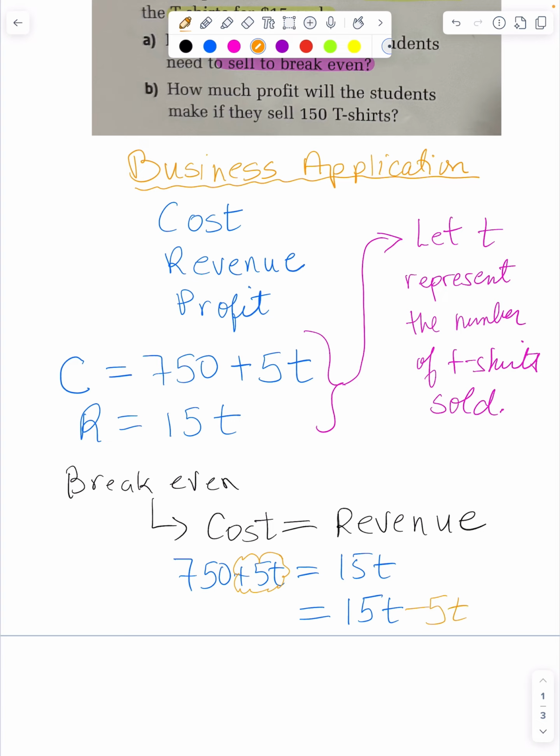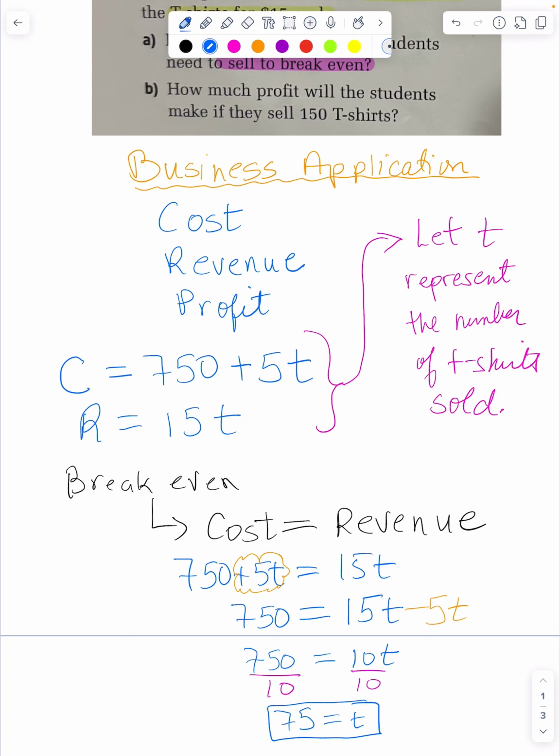And so therefore, I'm only left with 750 on the left-hand side of the equation. 750 is going to be equal to 10t. I'm going to now divide both sides of the equation by 10 to isolate the variable, and I will get an answer of 75 equals t.